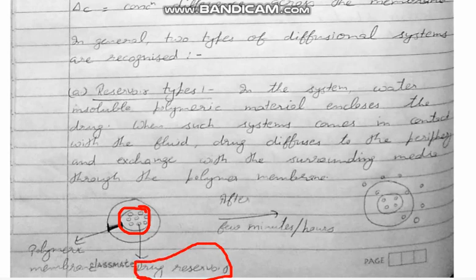This is the drug reservoir area, and this drug reservoir area is coated with a polymer, and this polymer is water insoluble polymer that encloses the whole amount of the drug. When such system comes in contact with the fluid, drug diffuses to the periphery and exchanges with the surrounding media through the polymer membrane, and then drug will be released out from this delivery unit.